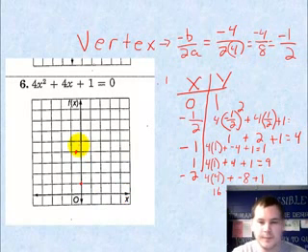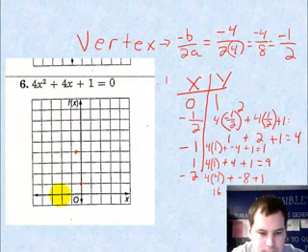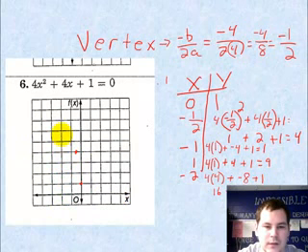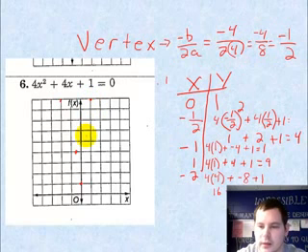So I have negative 2 and 9. I have 1 and 9. I also have negative 1 and 1.